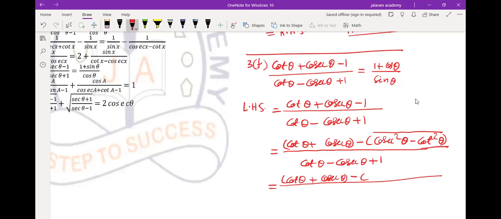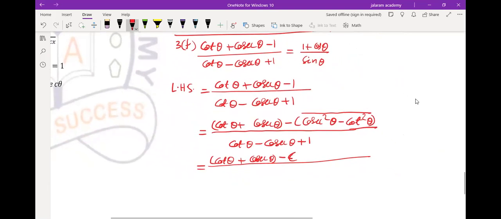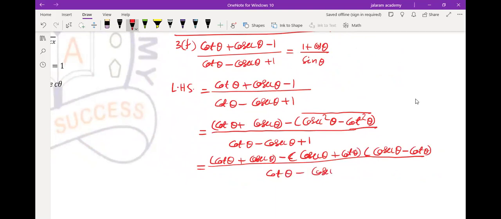I have told you that we use formulas of algebra in many questions of trigonometry. So cosec square theta minus cot square theta is cosec theta plus cot theta into cosec theta minus cot theta, and in the denominator cot theta minus cosec theta plus 1 is written as it is.